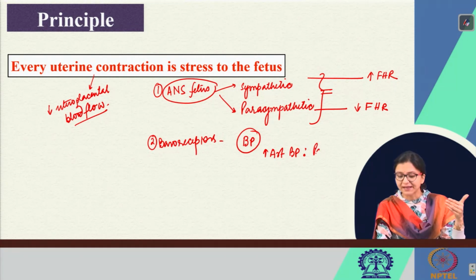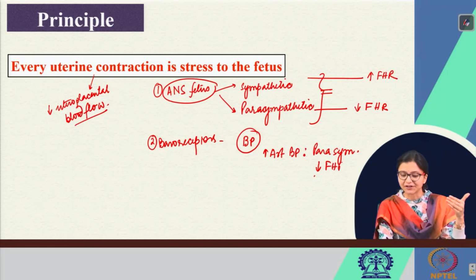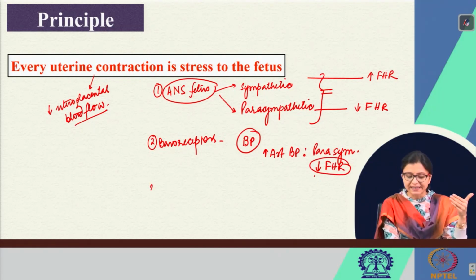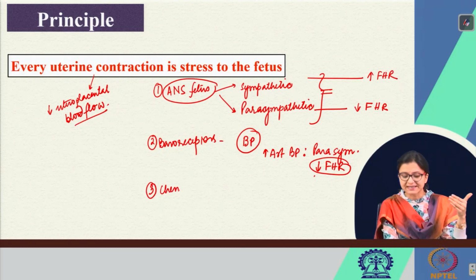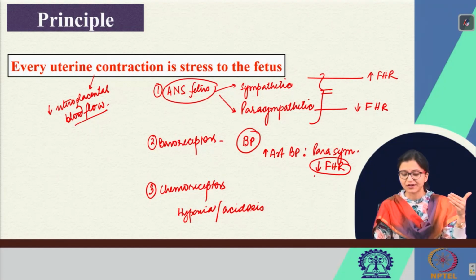The parasympathetic system is activated and that will decrease the fetal heart rate. The chemoreceptors will sense the acidosis or hypoxia, right. Hypoxia or acidosis will be sensed by the chemoreceptors.